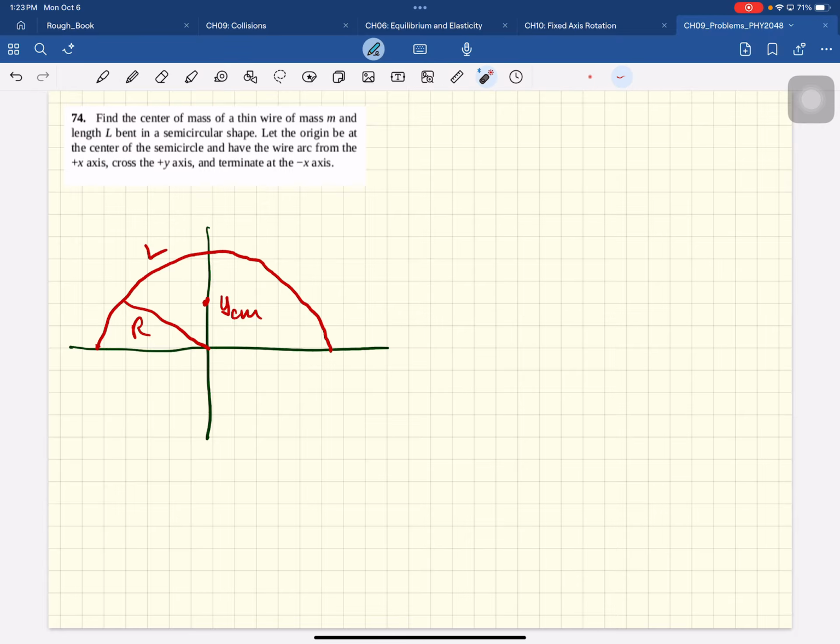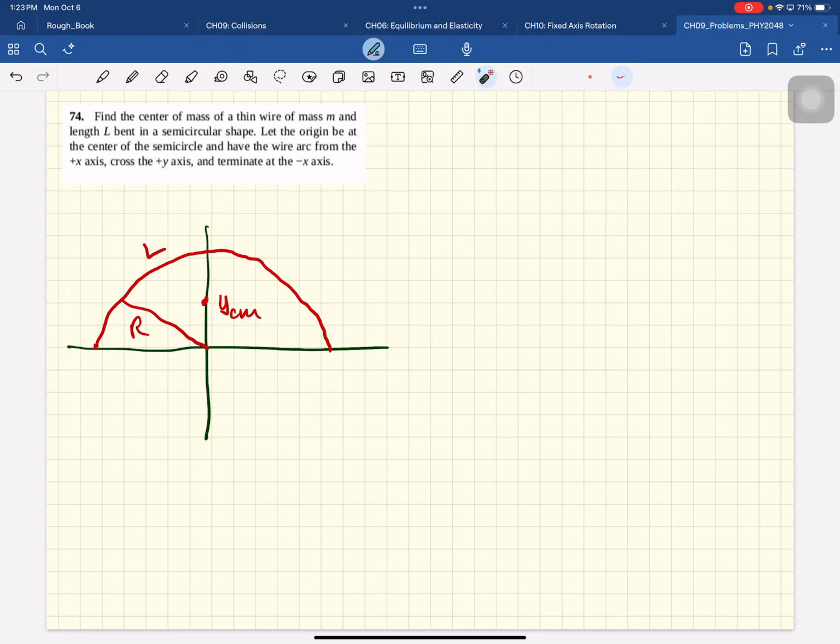Now, where is the center of mass if the circle were full? Right in the middle. The center of mass of this piece will be there, the center of mass of this piece will be symmetrically opposite, and so on. So this is what we want to find.